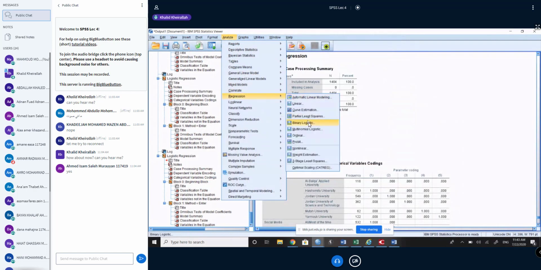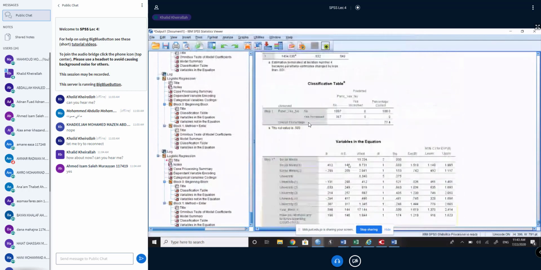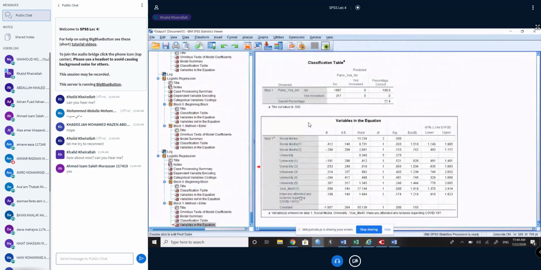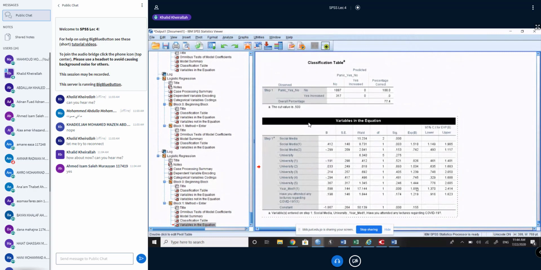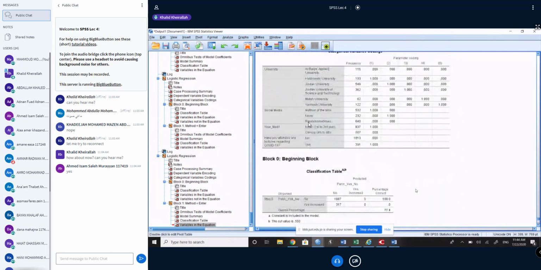Regression, binary logistic, numerical. It's going to be the same table, nothing has changed, but let's just double check this. Which one is the reference? So the clinical will be the reference.